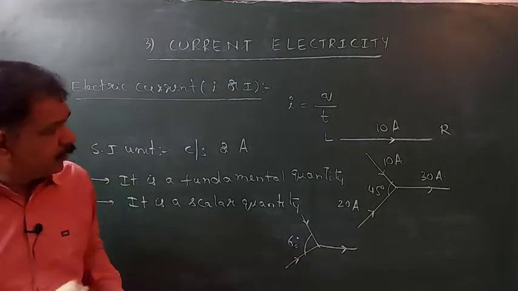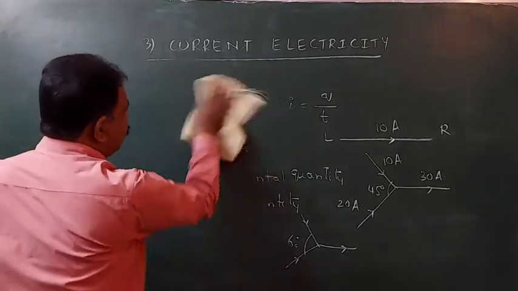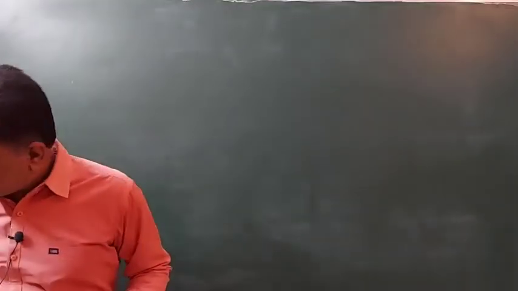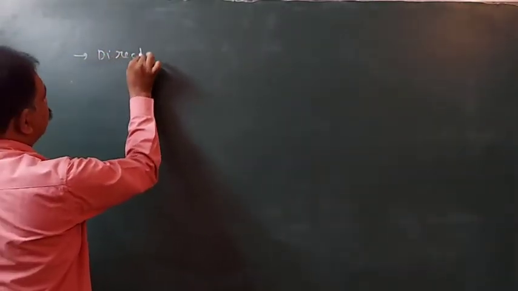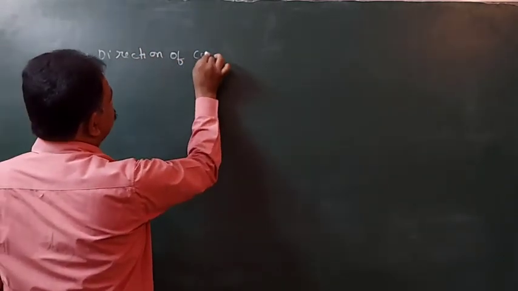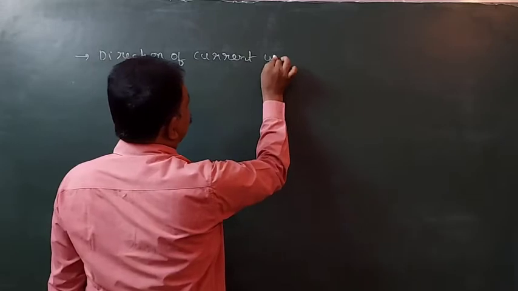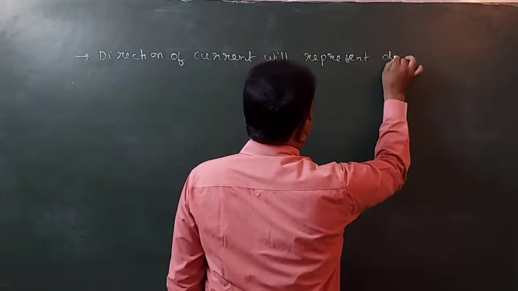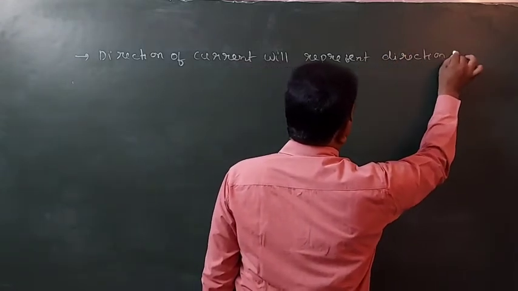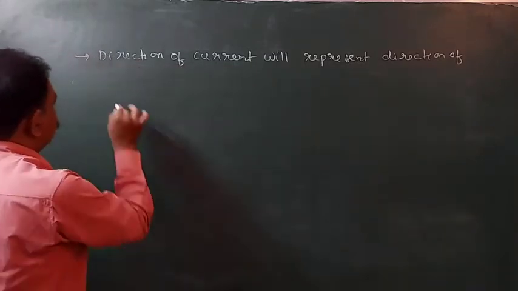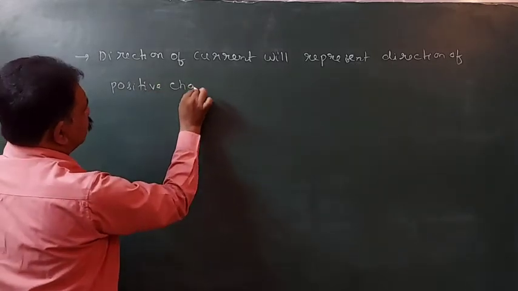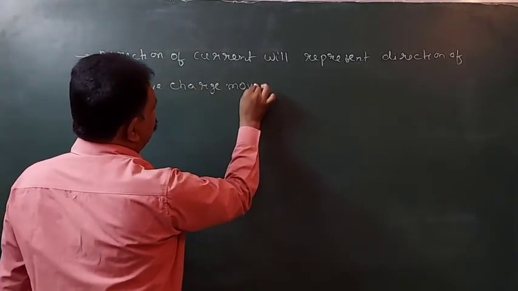Next, direction of current. If you see in any diagram, in any circuit, the direction of electric current will represent the direction of positive charge moving in a conductor.